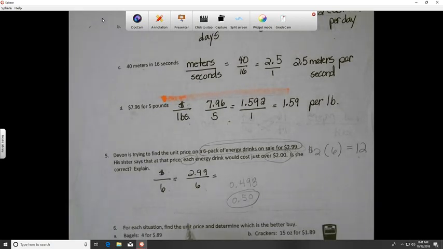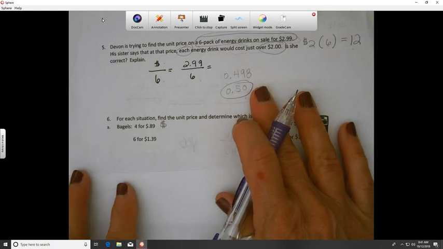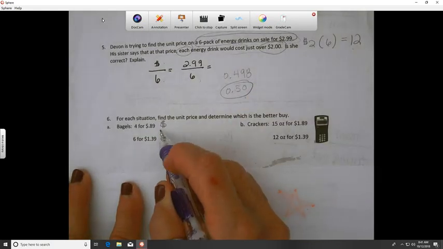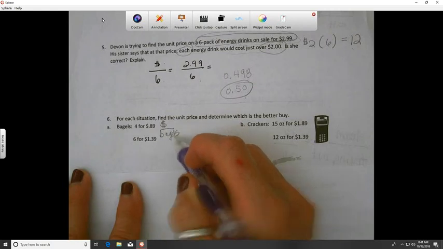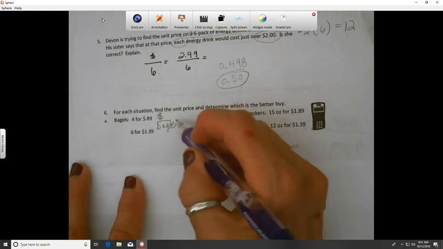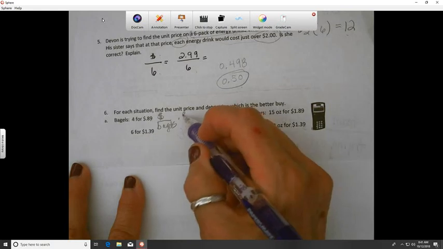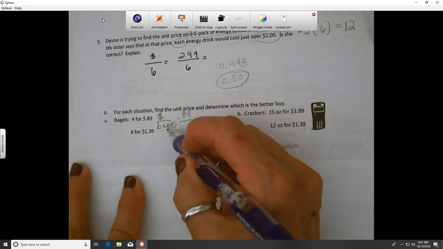Samora, what'd you do? If you want to pass, that's okay. The key, what I'm looking for here is for you to remember that we always put dollars first, and then the amount of bagels. That's right, because here it is, 89 cents over 4 bagels.